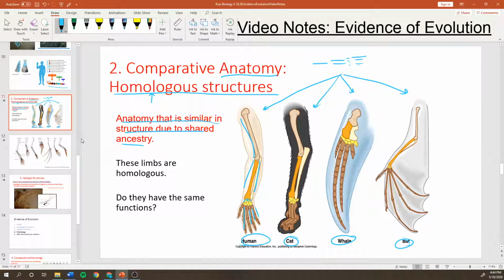They have a similar structure due to shared ancestry, but here was the common ancestor, once this thing diverged and became a bunch of different animals. This happens over many, many millions of years, but as this happened, these different animals evolved in different habitats and different ecosystems and environments, and they all required different uses.